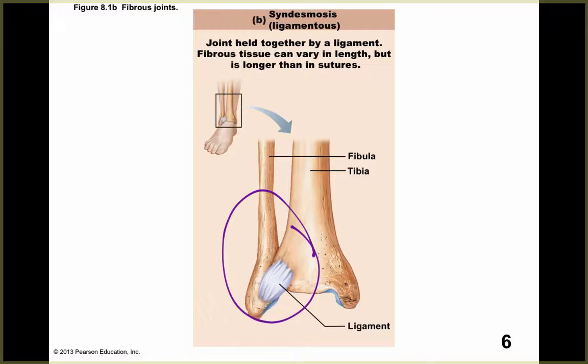So these can help to hold joints together by ligament. They're fibrous tissue. They can vary in length, but it is longer than a suture, right? And so this is kind of showing you that area that's right there.